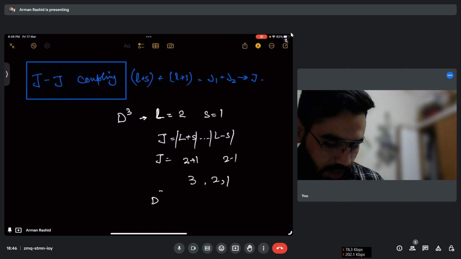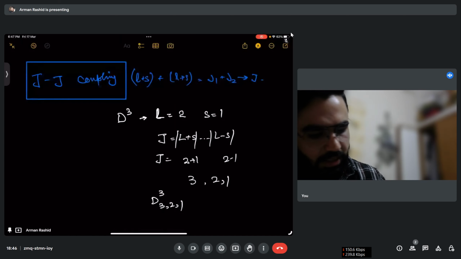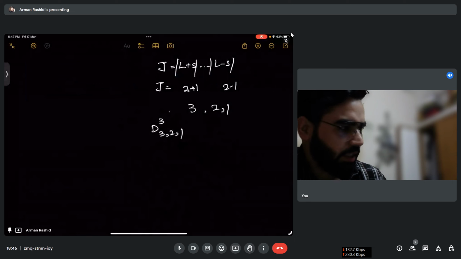Thus D has 3 configurations: 3, 2, 1. So it has 3 states.